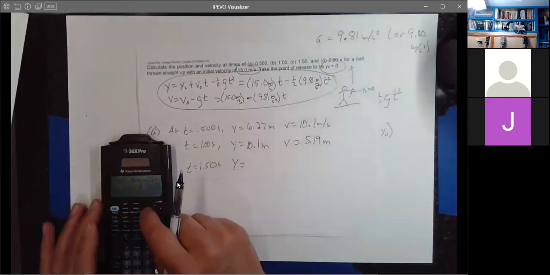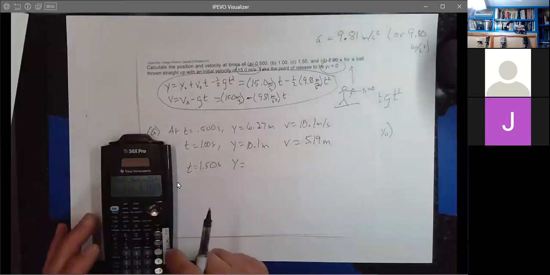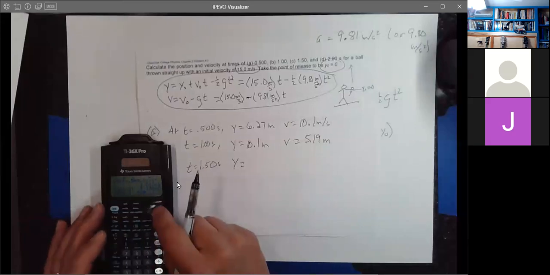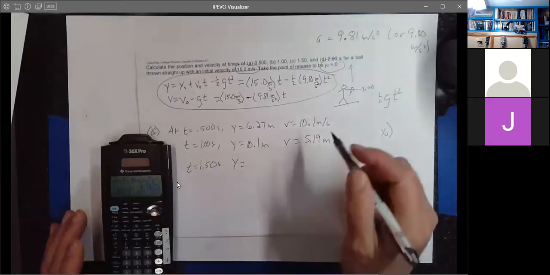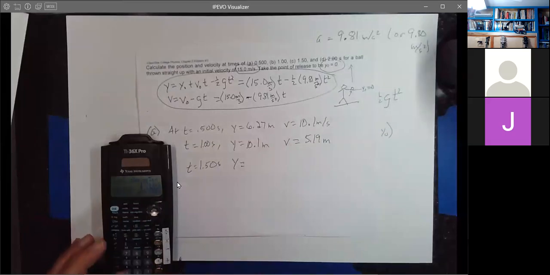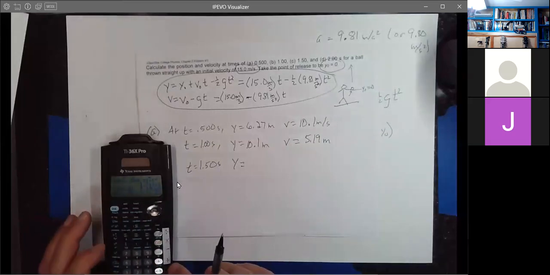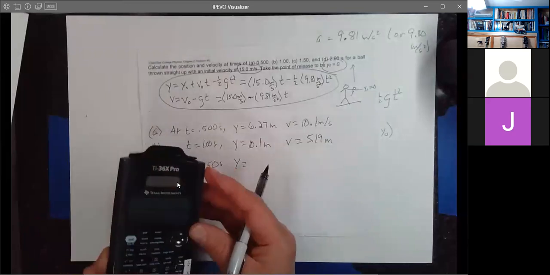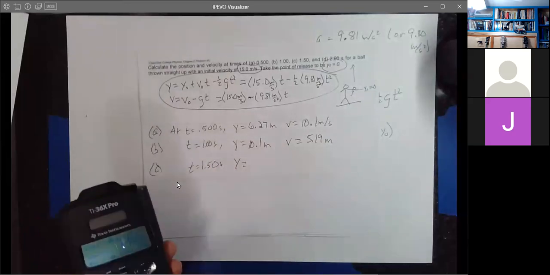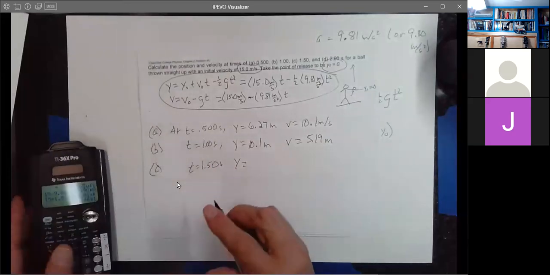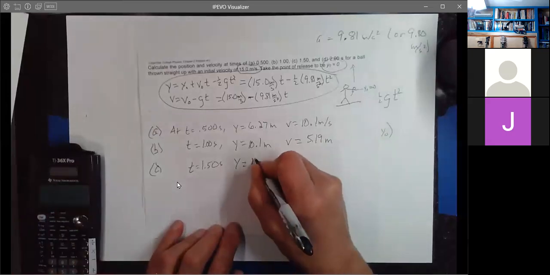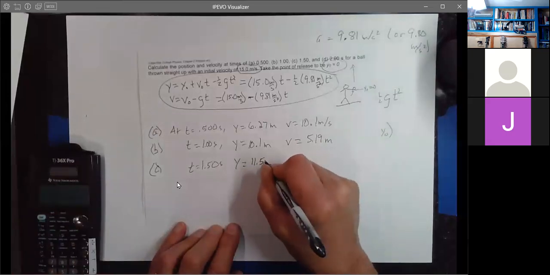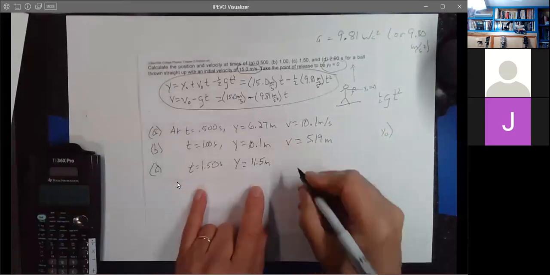Whoops, wrong symbol. 9.81 times 1.5 squared. Hope I did this right. Looks like I get about 11.5 meters at that time.